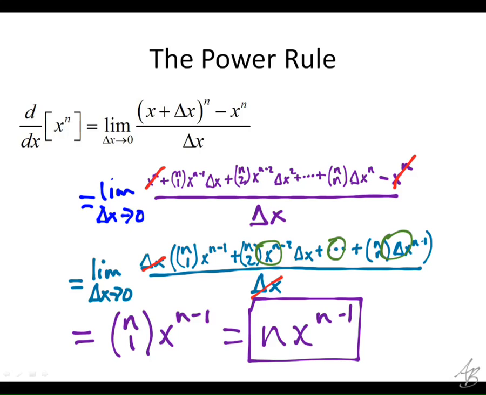I did say at the beginning, with this proof, with this version of the binomial expansion, we're assuming that n is a positive integer. If n is, say, some rational number that's not an integer, or even an irrational number, or a negative number, the binomial expansion is going to look a little bit different.